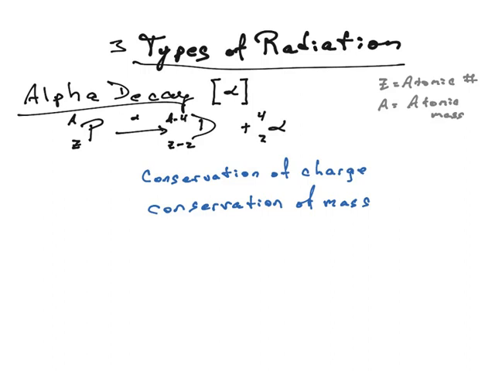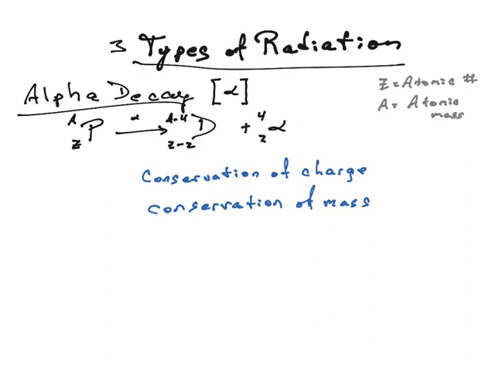Because A minus 4 plus 4 gives us A. And that's the rule for every alpha decay. You start with some nucleus, it decays by alpha decay, and you get an alpha particle plus a new daughter nucleus whose atomic number is 2 less than the original and whose atomic mass is 4 less.